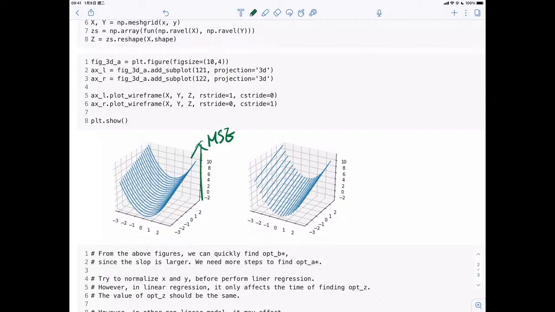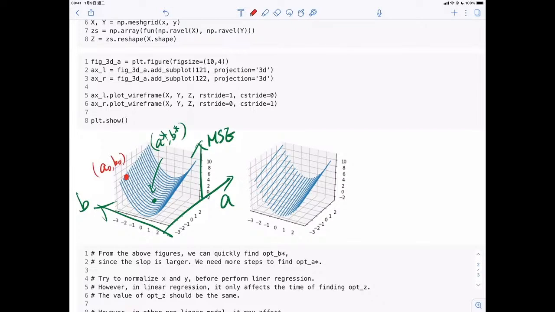For example, if we have two parameters right here, one is A, one is B. As we mentioned before, usually we don't know how to find the optimized value, A star, B star. So one of the best strategies is to randomly select one value, which is A0, B0.